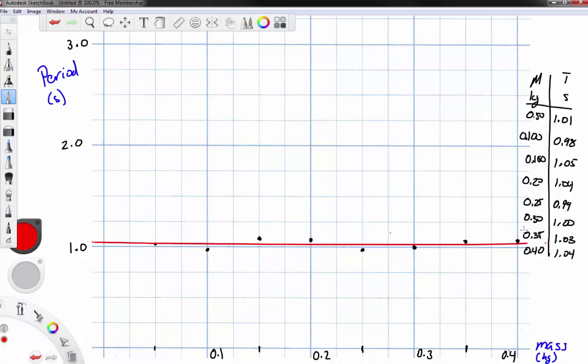And so that would be my line of best fit given this set of data. You'll notice that this line is basically what looks to me like a horizontal line. So a horizontal line has a slope of 0 because the rise is 0 and the run is more than 0.